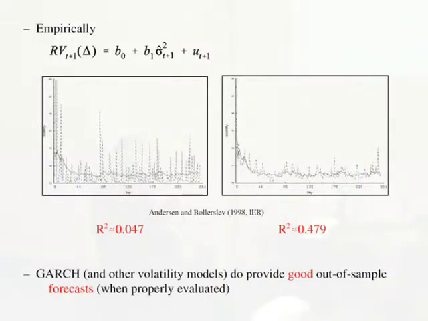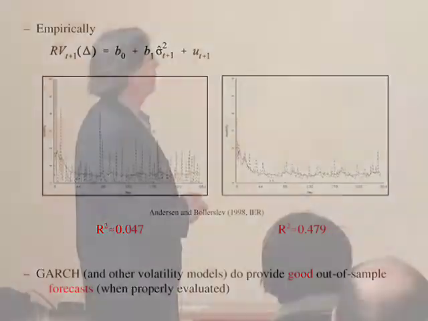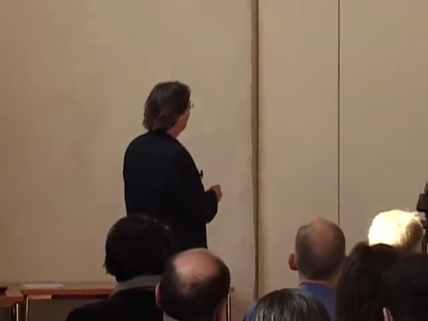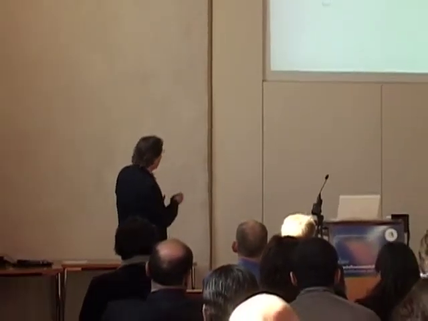Probably it isn't exactly log normal, but it's a very, very good approximation. Another thing you find is that there's a lot of persistence in the realized volatility. In fact, probably so much persistence as to be best described by a long memory or fractionally integrated type process. Another thing you find is that if you take the returns and standardize them by the realized volatility, that's approximately normal, that standardization.